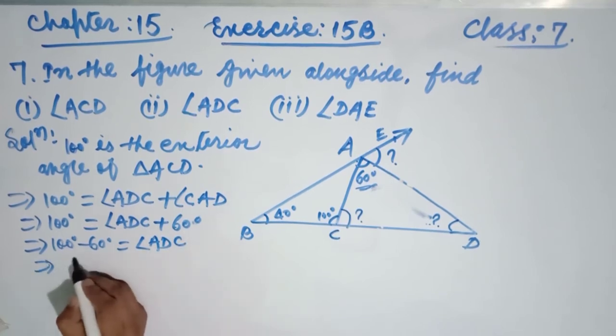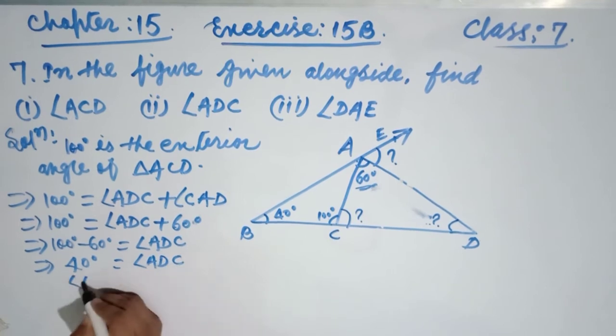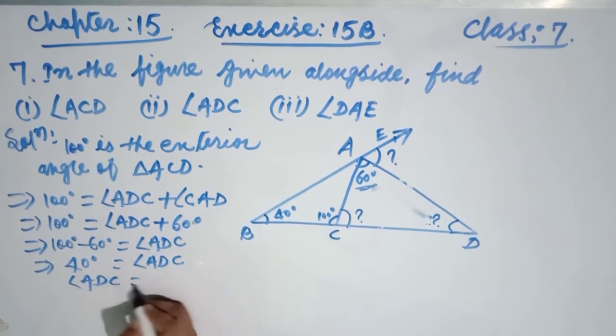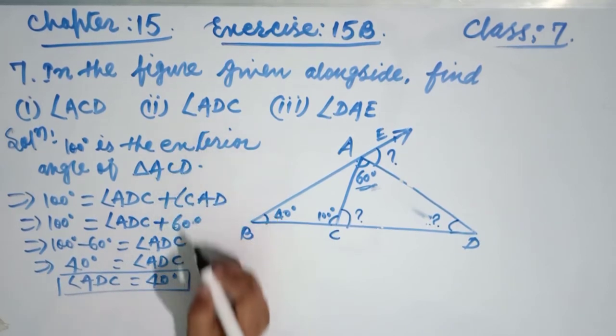So 40 degrees is equal to angle ADC, hence angle ADC is equal to 40 degrees. This is the first answer.